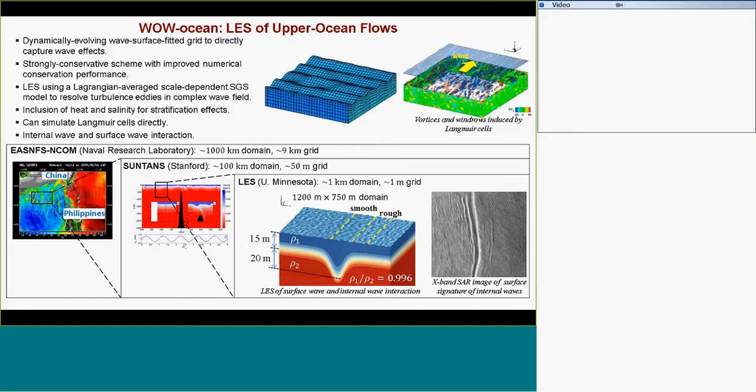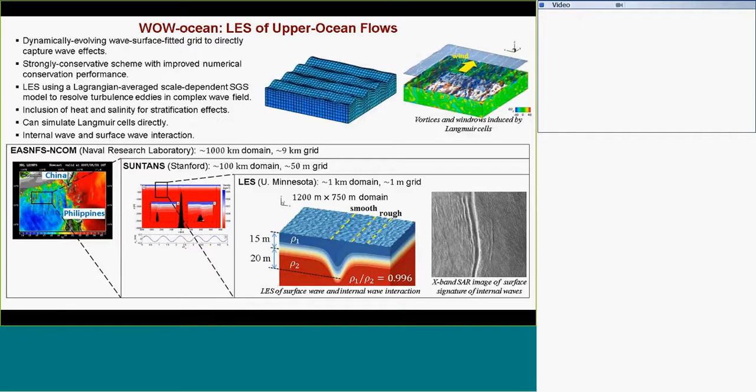Then he handed his output to us, and we focus on what we call the fine scale. Fine scale in this case is about 1 kilometer, that is 1,000 meters across. We look at the interaction between what is underneath, the internal wave, and how it interacts with the surface wave. That is when you see things at the ocean surface.